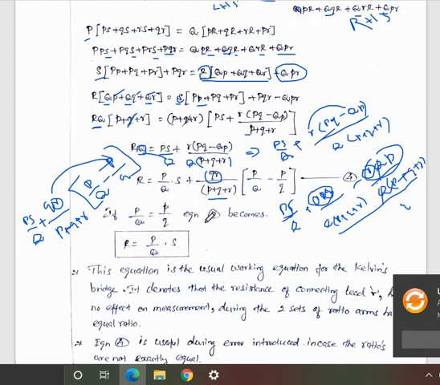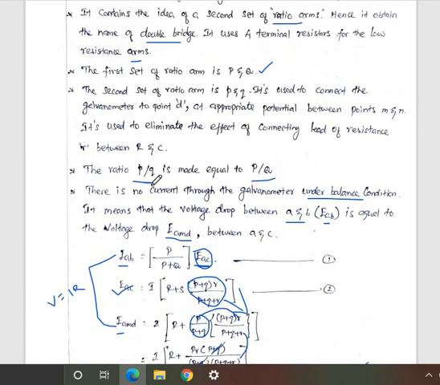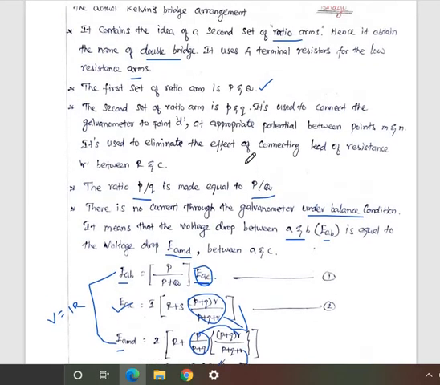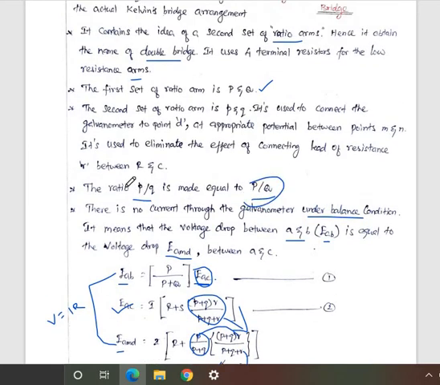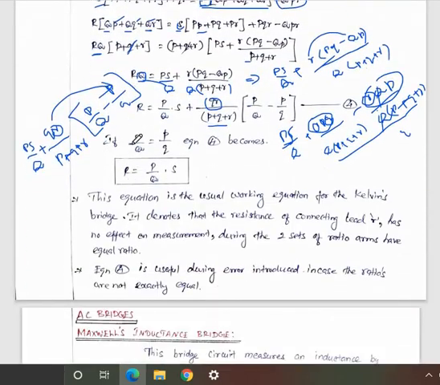And we have already told that the ratio of capital P by Q and small p by q is equal, so both are the same.